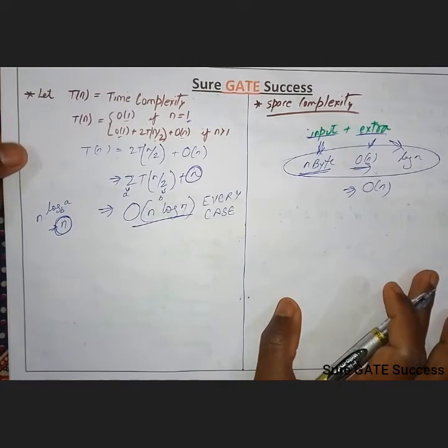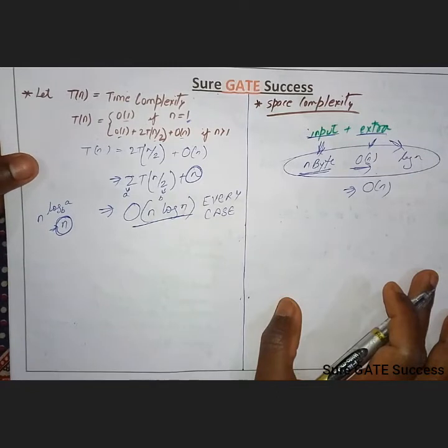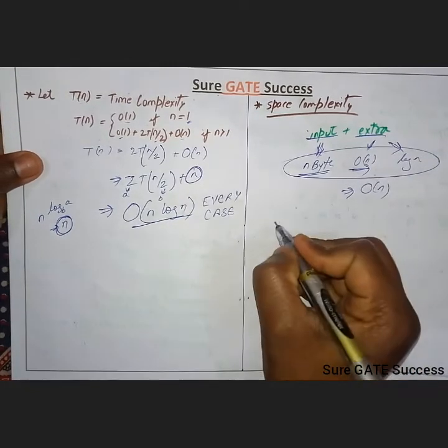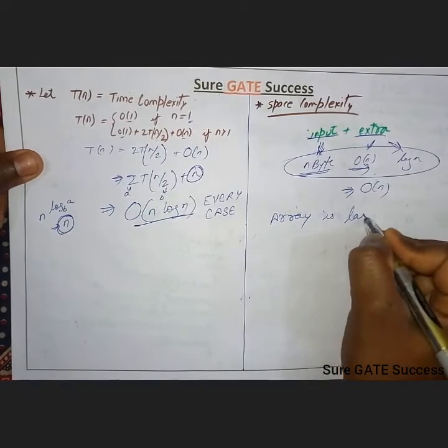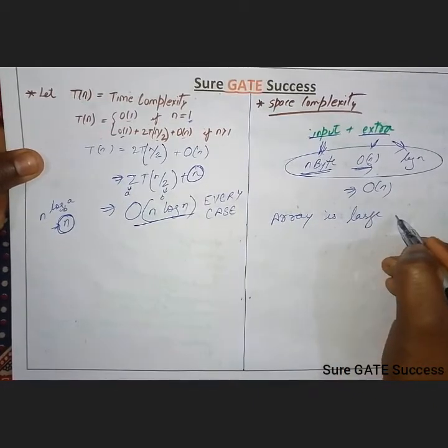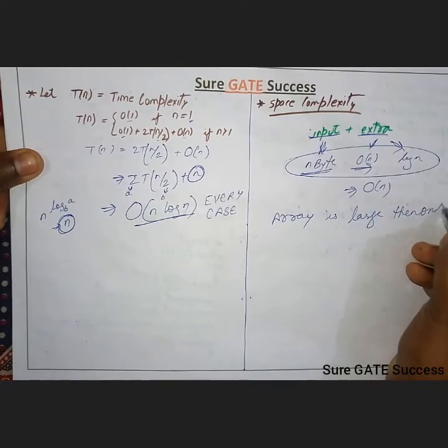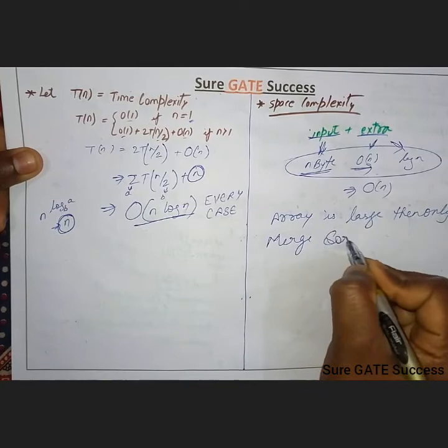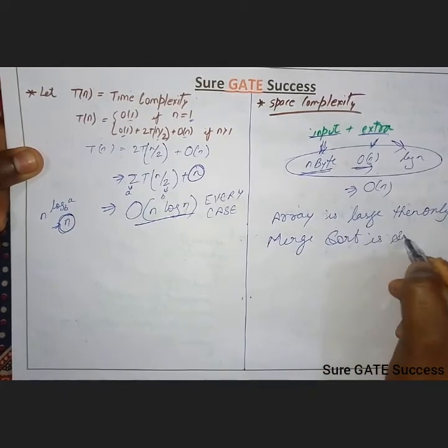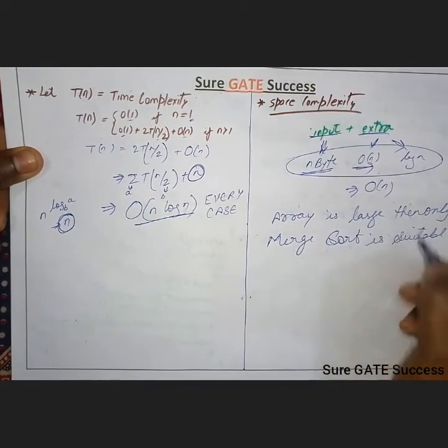Keep one more thing in mind, that the given array has to be very large. If the array is large, then only merge sort is suitable.